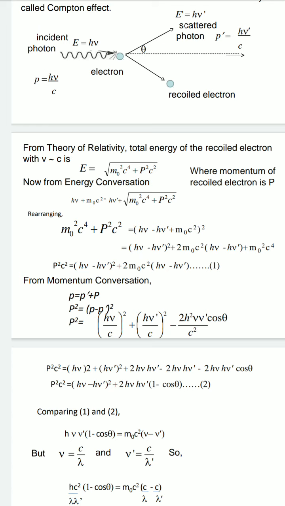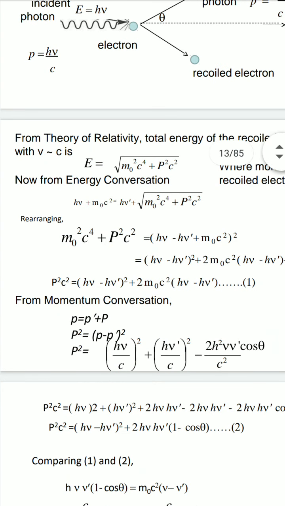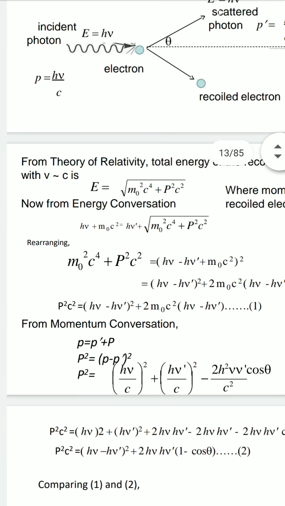So from energy conservation we can write that the total energy of the photon and the electron is h nu plus m0 c square. On the left hand side of that equation, h nu is the incident photon's energy, and m0 c square is the rest mass energy of the electron. So h nu plus m0 c square is the energy of the whole system before scattering.